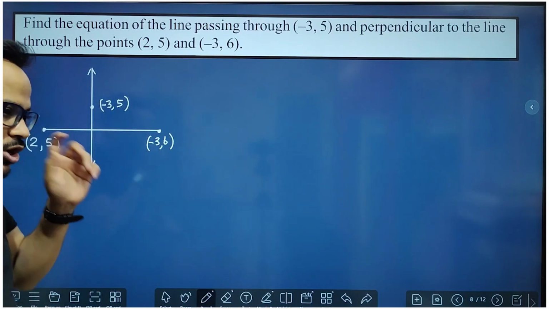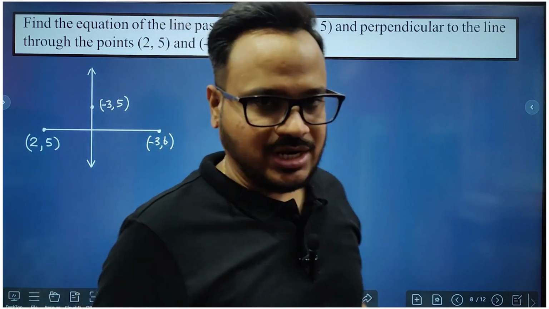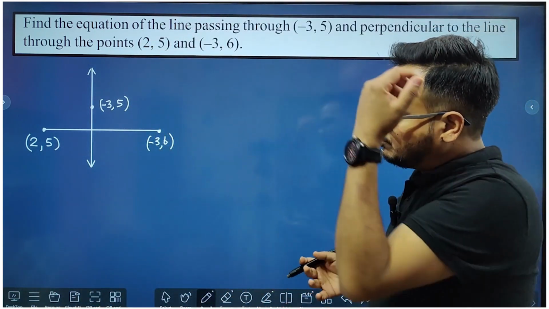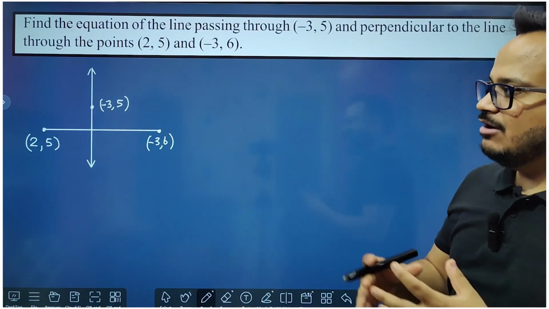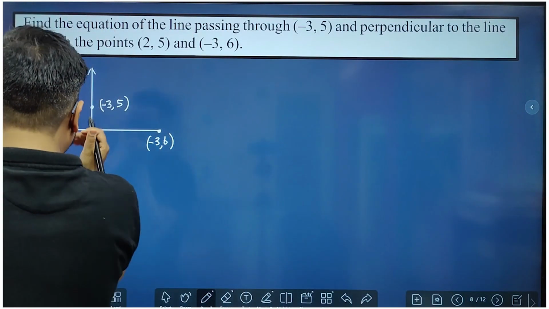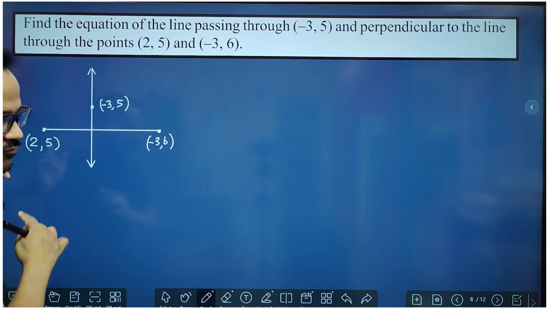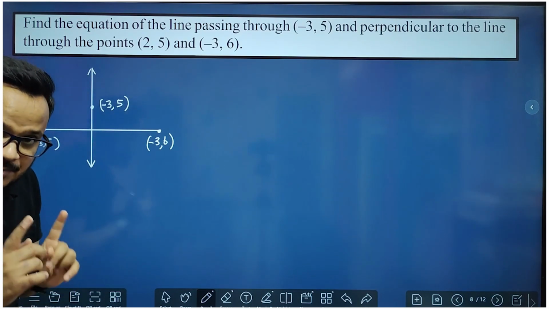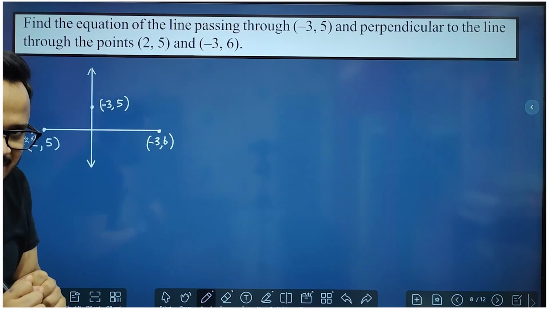So to find the equation of a line, we need a point which lies on the line, and that point is minus 3 comma 5, and we need the slope of the line, right? So what is the slope of this line? As we have already studied, when two lines are perpendicular, the product of their slopes is minus 1.